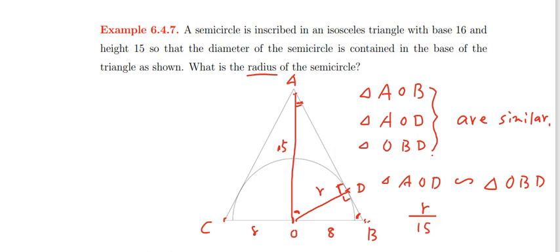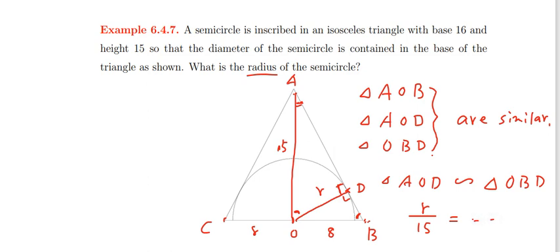So R over 15 is this ratio for this small angle, the opposite side over the hypotenuse. R over 15 equals... This way is okay, but we can have a simpler way.